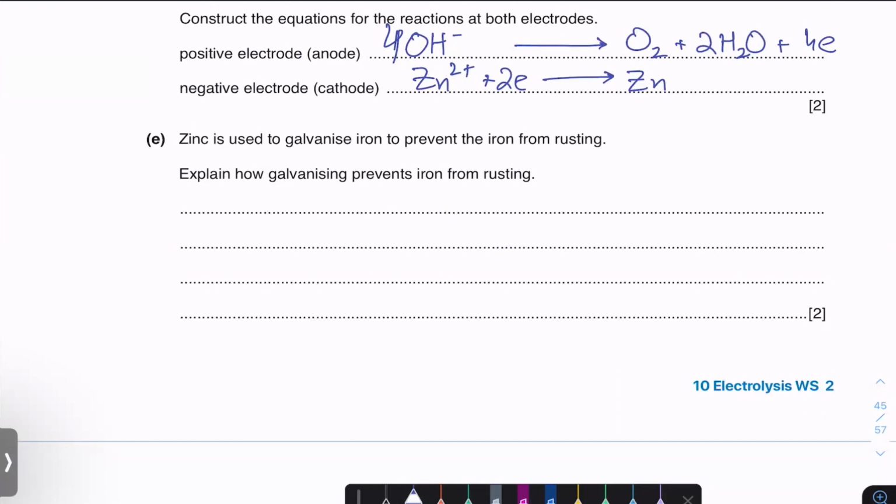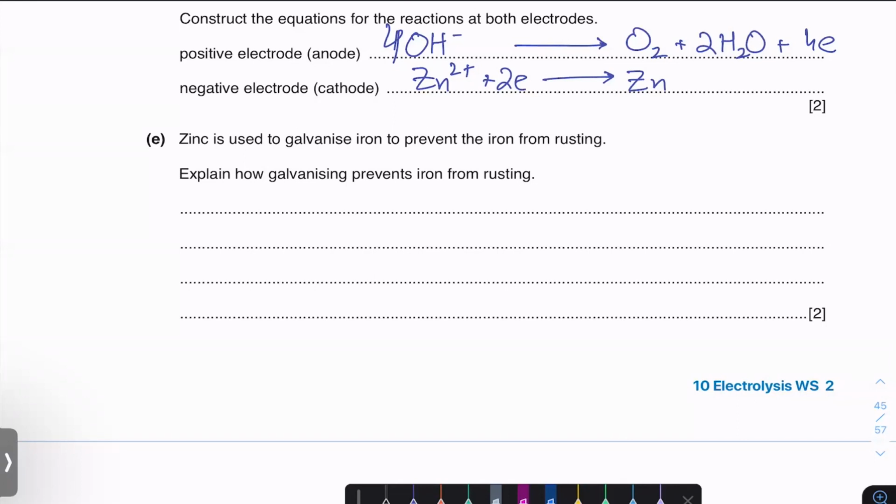Zinc is used to galvanize iron. ये भी हमने कल पढ़ा था. Galvanizing is that you get a layer of zinc on iron, but ये electroplating नहीं, सिर्फ iron को molten zinc में dip कर दें. Zinc has low melting point, तो वो ज़्यादा energy नहीं लगती उसमें. So we just dip iron in zinc और उसके ऊपर एक layer आ जाती है. And that is how zinc forms a layer, acts as a barrier between oxygen and iron. Oxygen क्यों जरूरी?